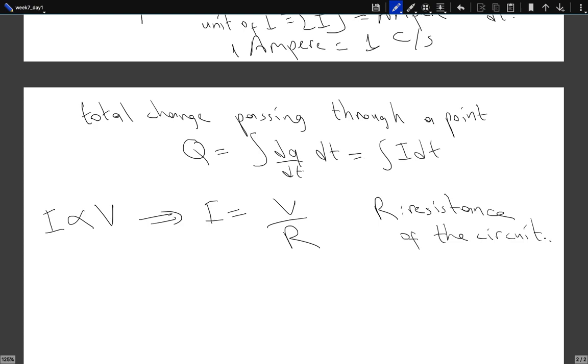And this resistance is actually a property of the circuit or property of whatever you are using with the battery. It doesn't change, it's independent of I or V. Of course, this is just an idealization.